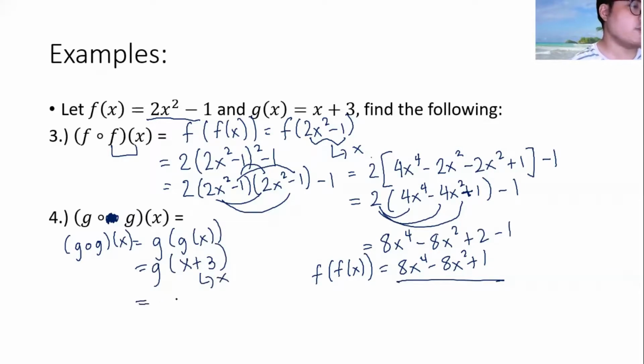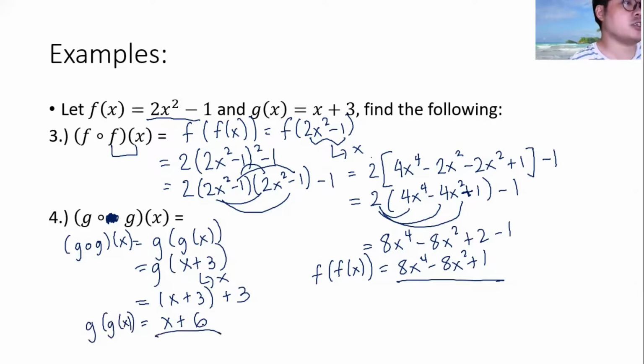Instead of writing x, you're going to write x plus 3 as your new independent variable, since this is the input variable now. So we're going to proceed. Okay, so substitute x with x plus 3, then combine like terms. Okay, so this is the final answer.